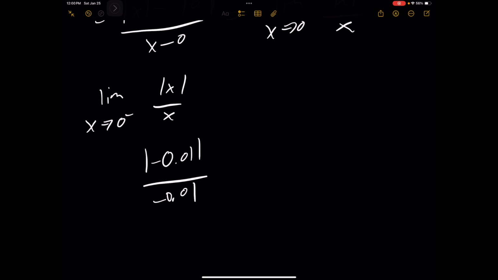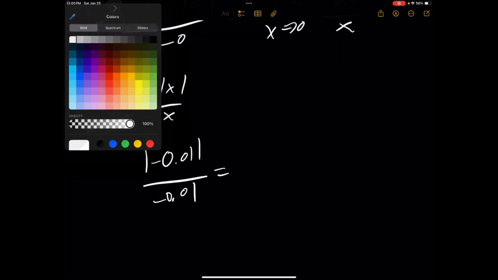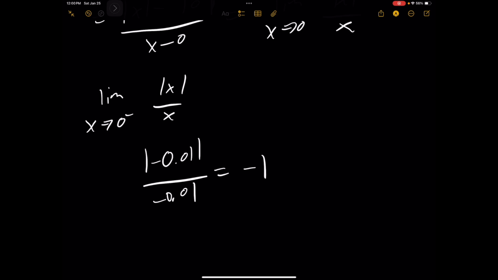On the top, we lose the negative sign because of the absolute value, and so we end up with negative 1 as our answer. Whatever number we plug in, we get the same number over the same number, but since we're to the left of 0, we get a negative sign.